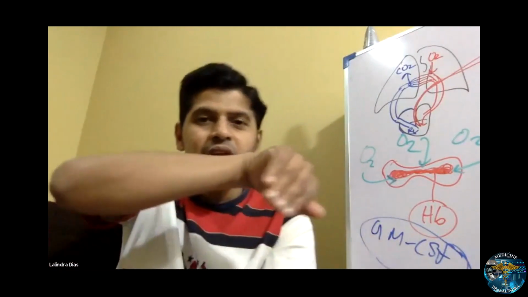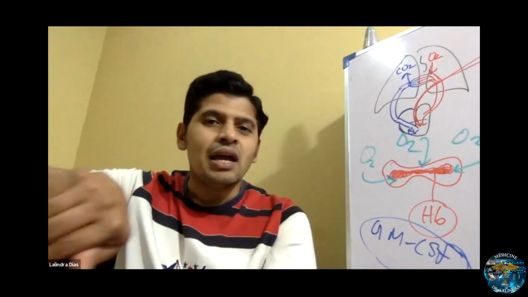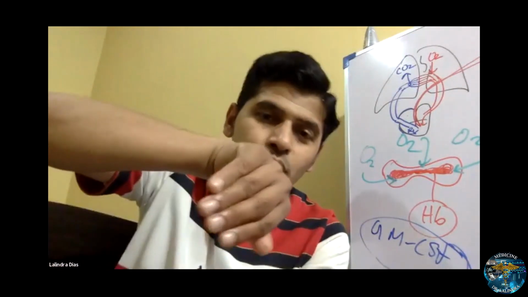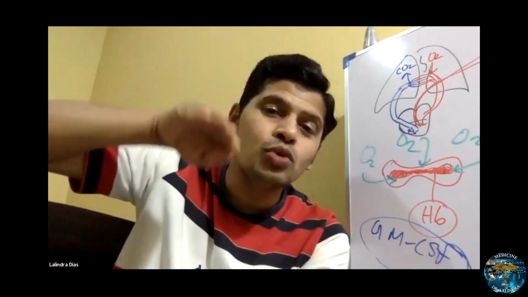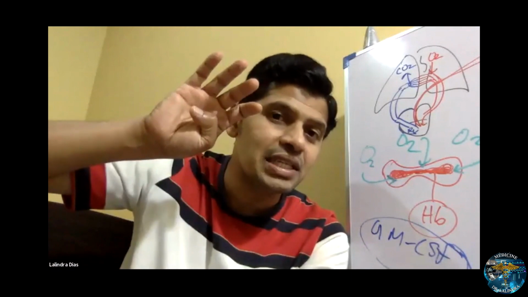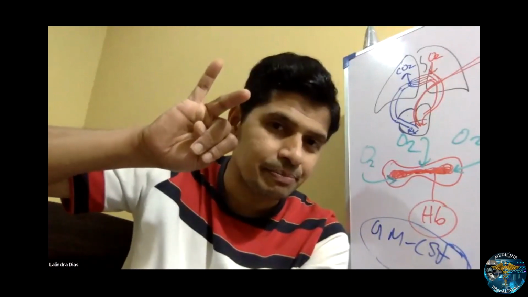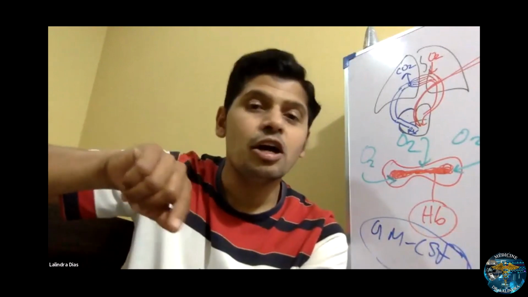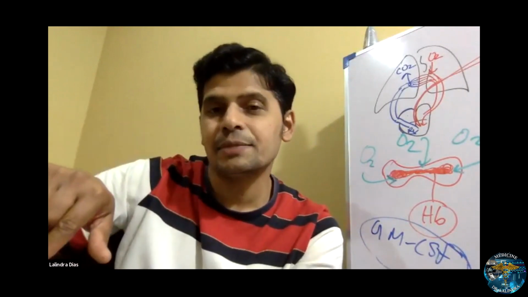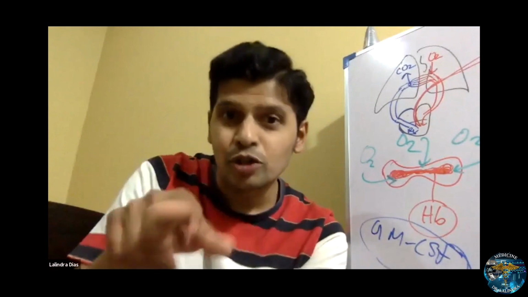And with the help of granulocyte macrophage colony stimulating factor, they will go in the granulopoiesis pathway and produce the three mature granulocytes. What are they? Neutrophils, eosinophils, and the basophils. And also you will have the agranulocytic macrophages and the mast cells. Then, guys, from the monocytes, I'm sorry.